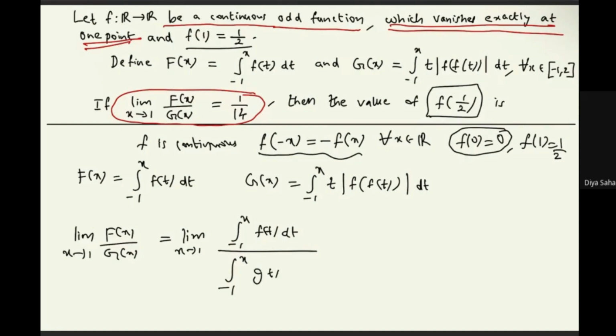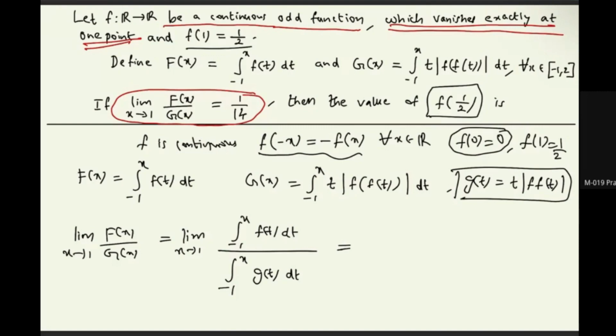For a moment I will write it as g of t, where g of t is t times f of t times modulus of f of t, otherwise I have to write it every time. So that's why I am just denoting it by g of t. Now see, this value is given to be 1 by 14. That is okay, but can you apply the limit now on numerator and denominator and see what happens?